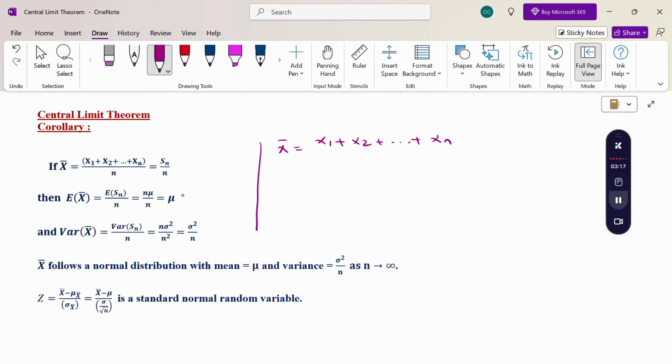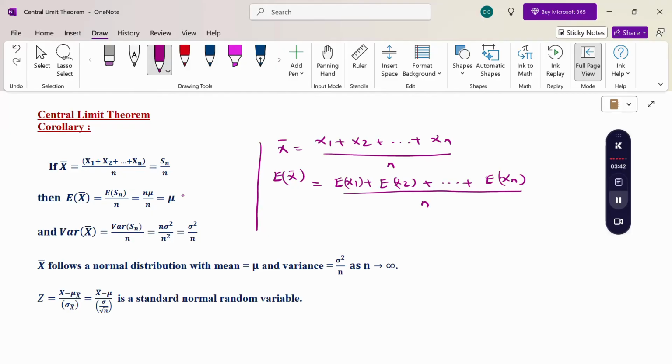When I take the expectation, it is expectation of X1 plus expectation of X2 plus up to expectation of Xn, by n.